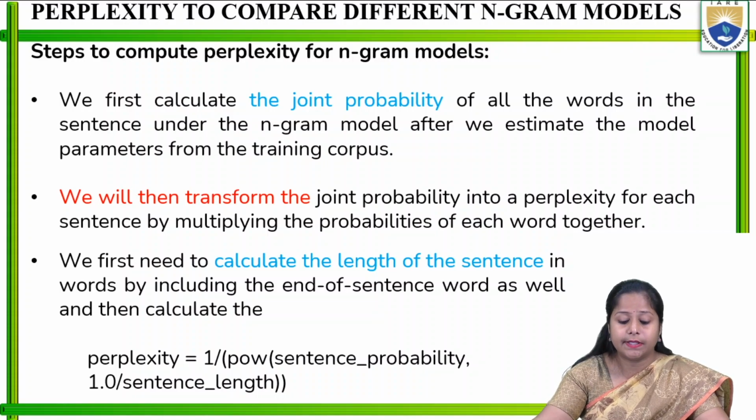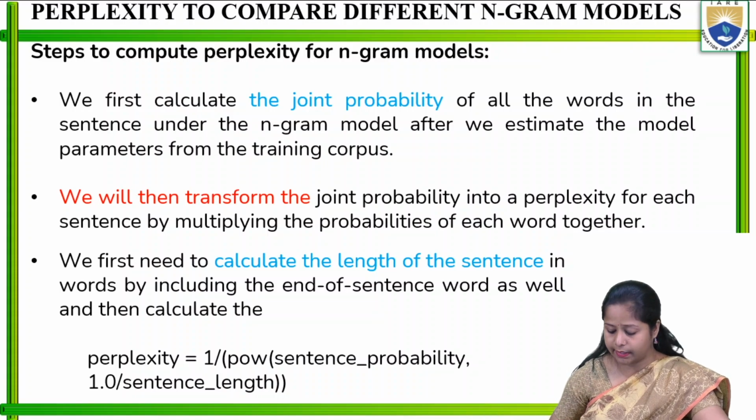Then we first need to calculate the length of the sentence in words, including the end-of-sentence word. Then perplexity is equal to the sentence probability to the power of minus 1 divided by the sentence length. That is the formula we will apply.